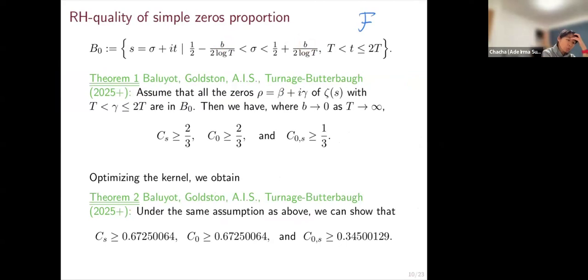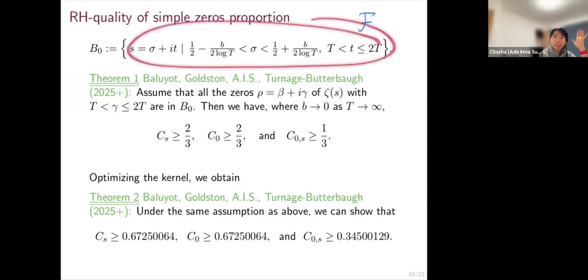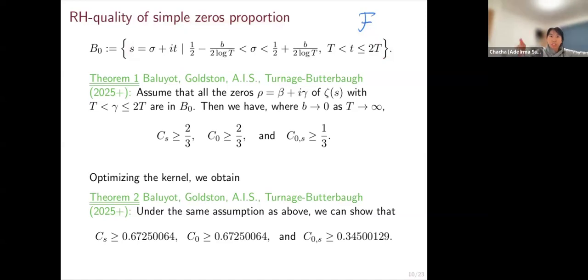So we only need to assume zeros being within this range for only that height. I denote that region, this box region, by B. This is a box of width b/2 log t to the right and b/2 log t to the left around the critical line, between height t and 2t.